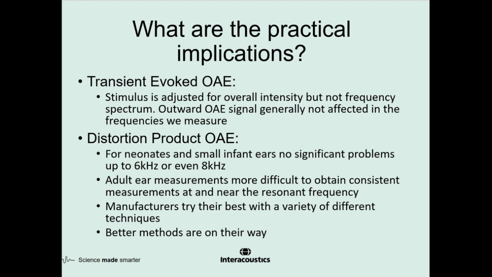Now, if it's present and you can't make it go away with a better insertion, then you just need to be mindful of the fact that the stimulus level may not be as close to the target stimulus level as we had hoped.